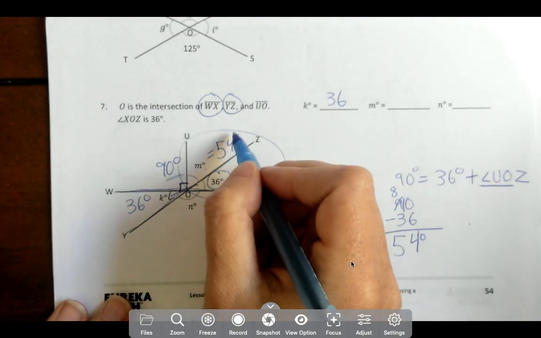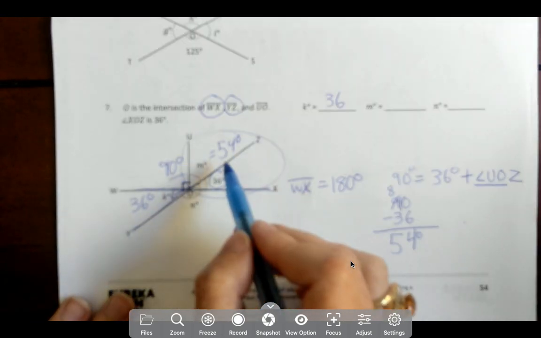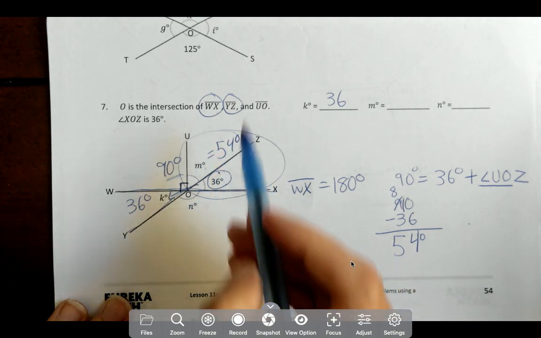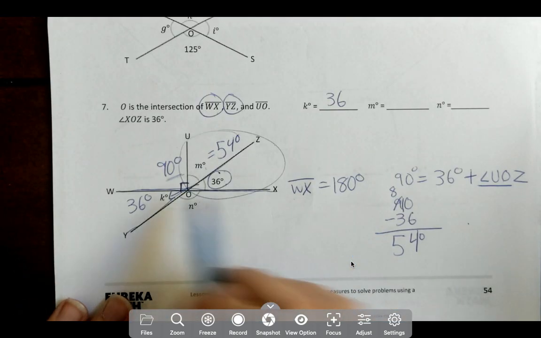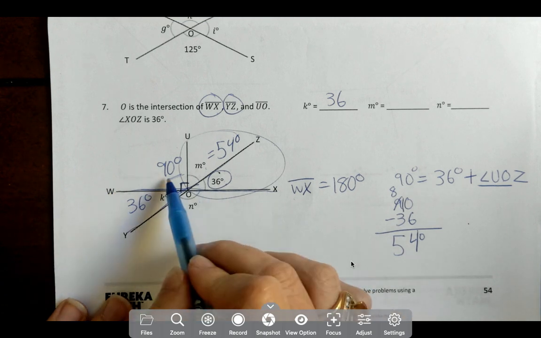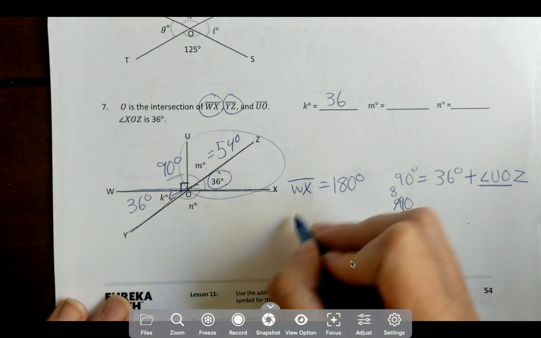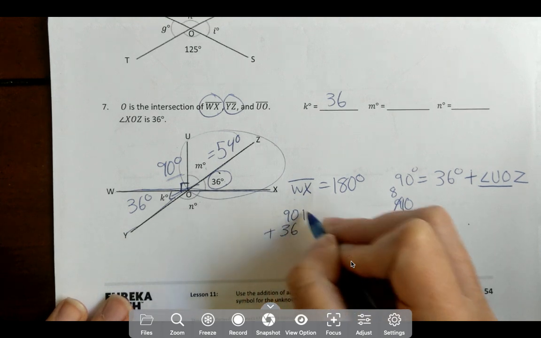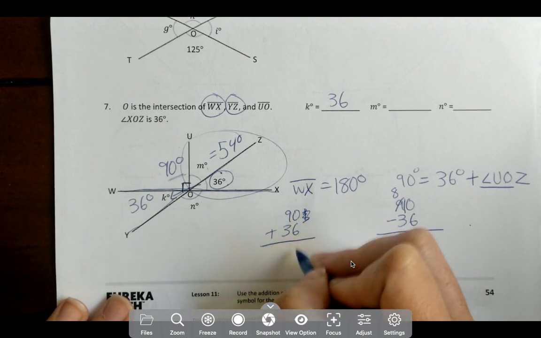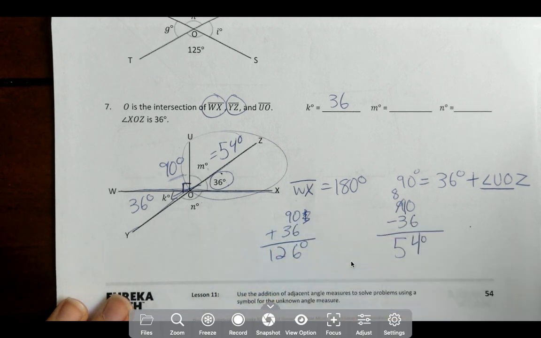You can also look at it as a straight angle, that if WX is 180 degrees, you could add 90 and 36 first. 90 plus 36, 6, 12, 126.